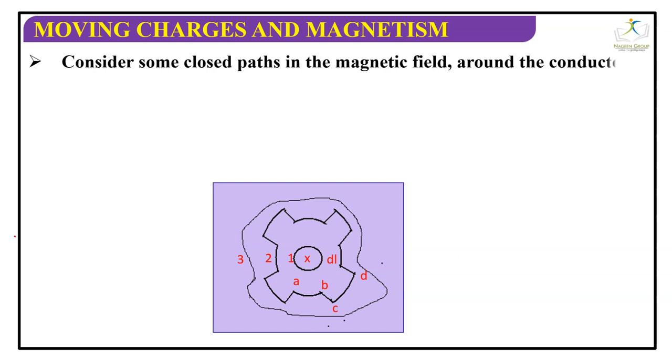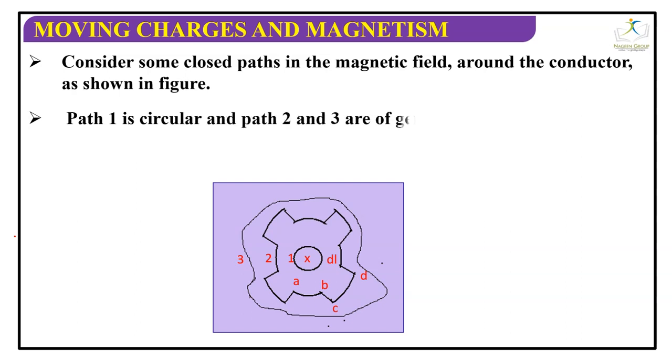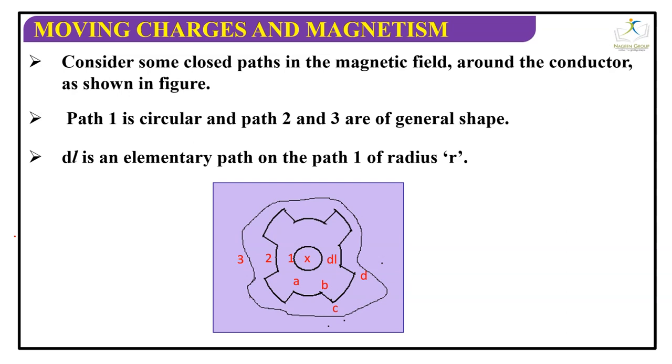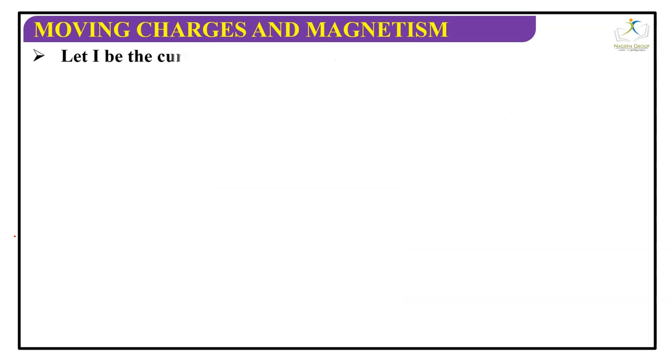Consider some closed paths in the magnetic field around the conductor as shown in the figure. Paths 1, 2 and 3 are of general shape. dl is an elementary path element of path 1 of radius r. Let I be the current.